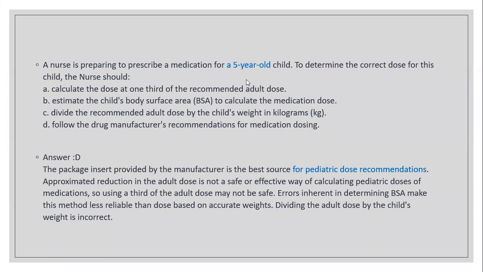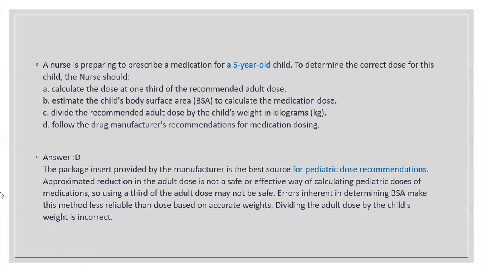Pediatric medication is always described very well: how to prepare it, how to take it. The package insert provided by manufacturers is the best source for pediatric dose recommendations. Approximated reduction in the adult dose is not a safe or effective way of calculating pediatric doses, so using a third of the adult dose may not be safe.